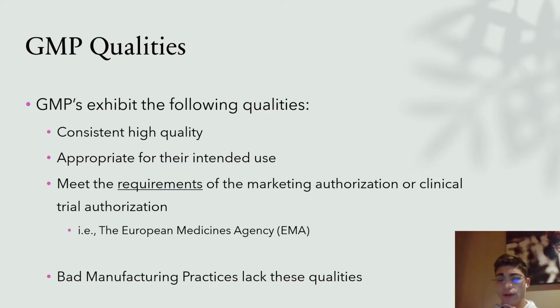I'll get more into this in a further slide, but there are systems and regulations set in place by, for example, the European Medicines Agency or the FDA that ensure companies enlist some GMPs to make sure that production's flowing and going at an efficient rate, but also that the workers are being safe, and that customers are able to get a product that is safe and suitable to them.